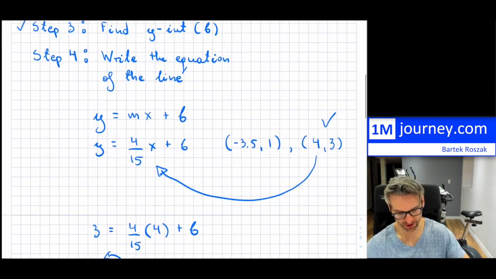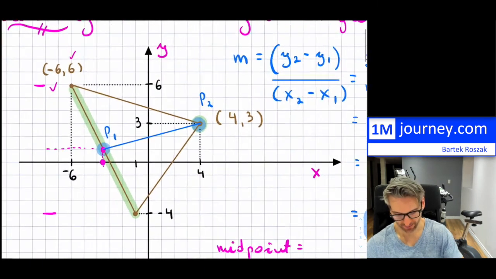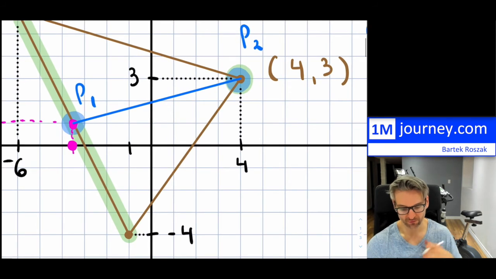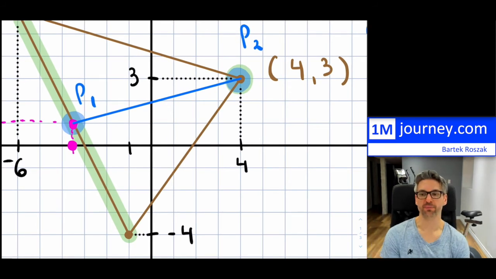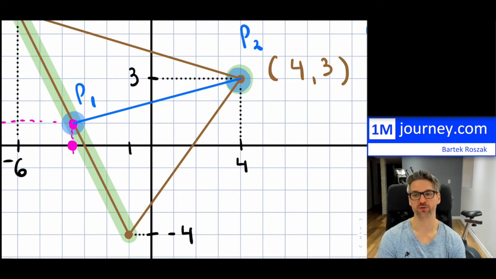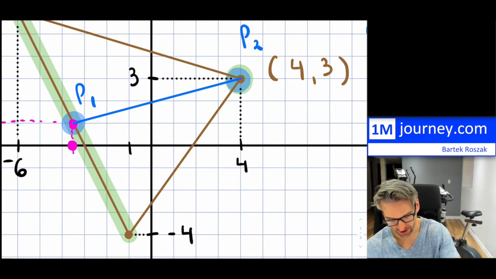So if you look here, that median, which passes through the midpoint and then through the vertex, that's what it would be. Now you can put restrictions on this particular line, because if it's a true median, it's going to be really just between negative 3.5 and 4 on the x. So this right here, it just ends there.